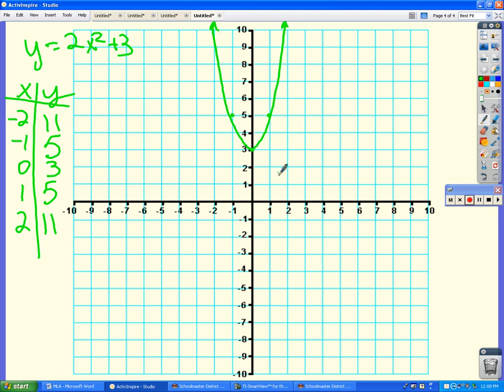So that parabola is a little bit skinnier because of the 2. It's still opening up because it's positive. And why did it go up 3 places? Because of the plus 3 on the end. So basically what we did is we took the 2x squared parabola and moved it up 3 places.